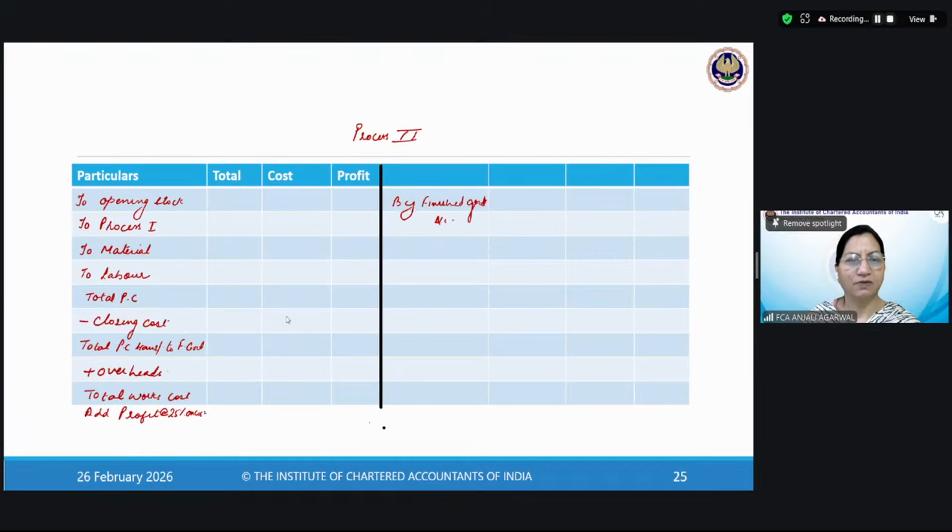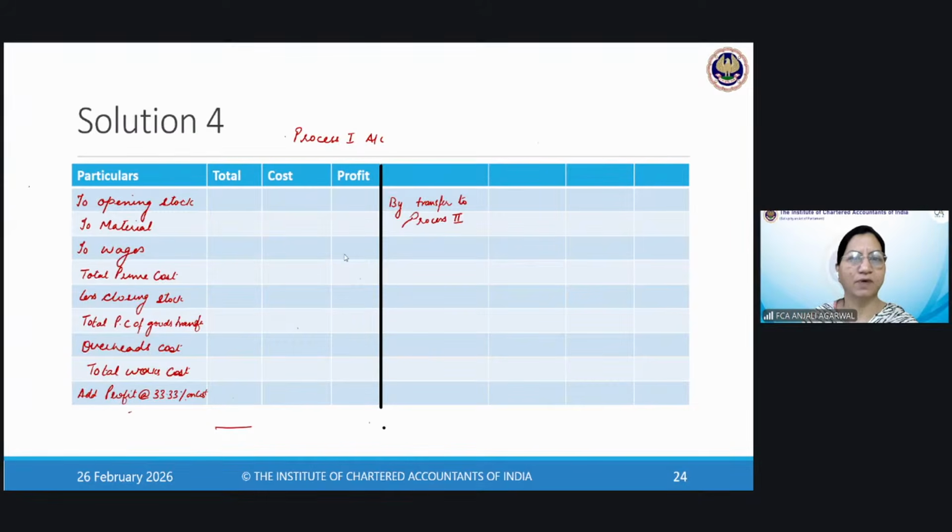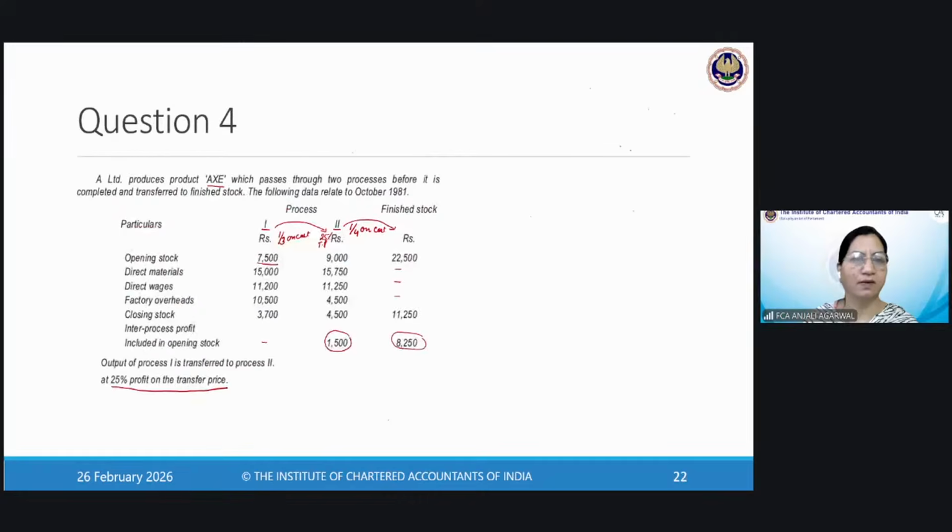Right. So once you have the proforma ready, things become very easy for you to fill in whatever the question may be. So let's start with the process 1 account. What do we have? Opening stock. How much is the profit included in the opening stock? Nil. Then you have material, wages, overheads, and closing stock of 3,700.